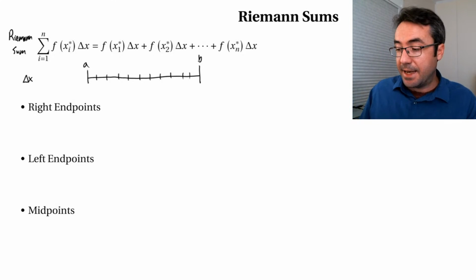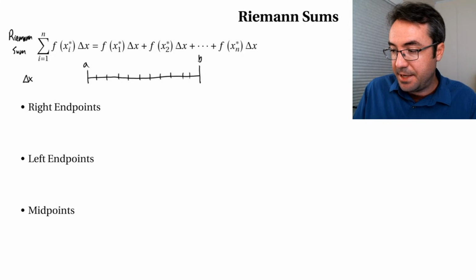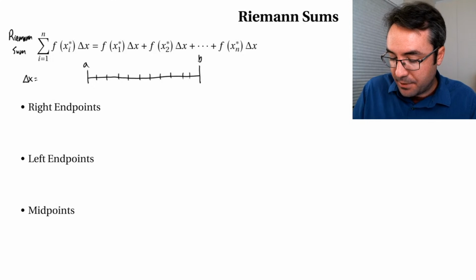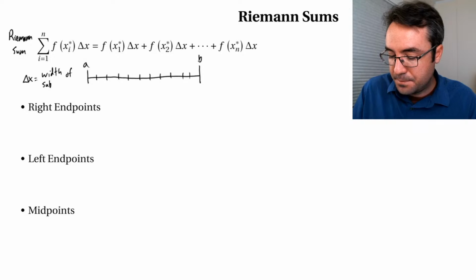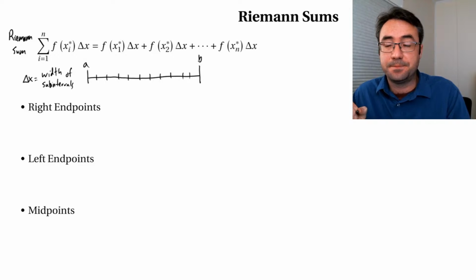And so delta x is the width of each of those smaller subintervals. And we make them so that they all have the same width.